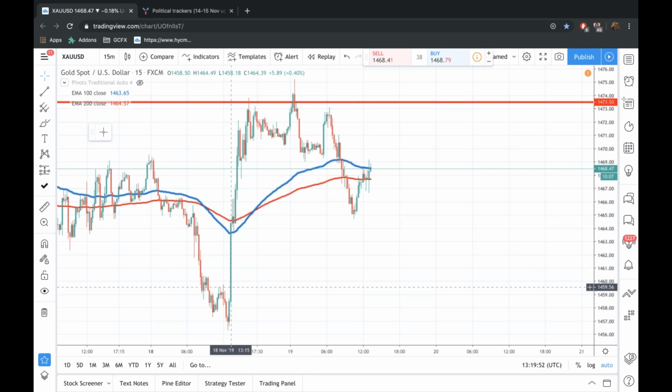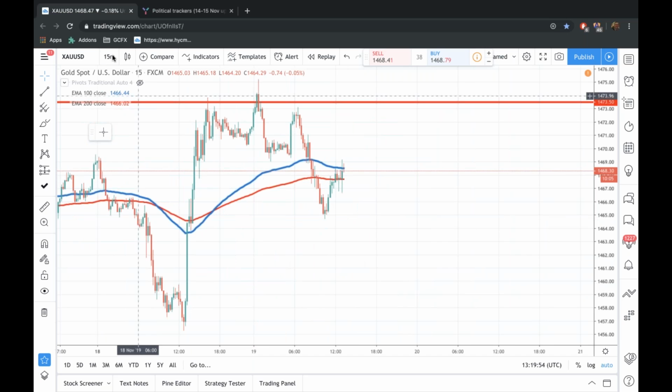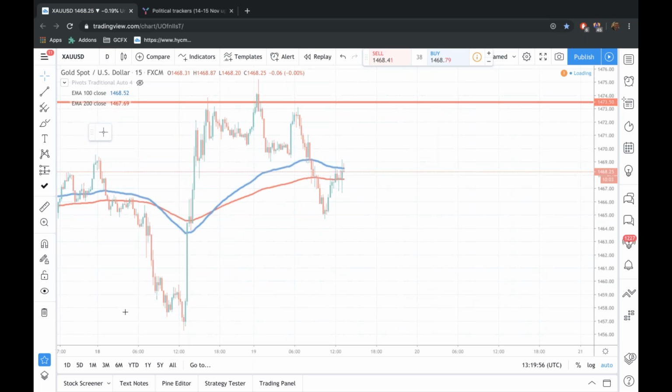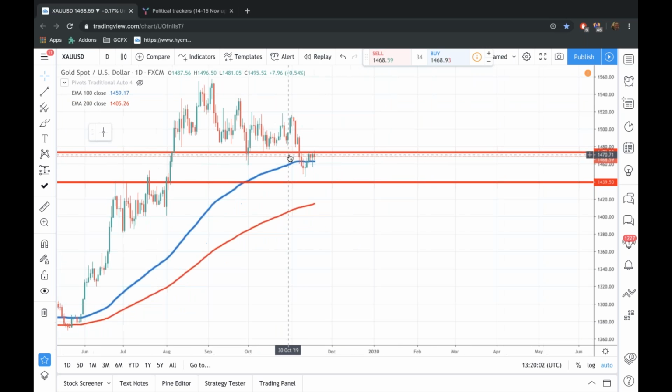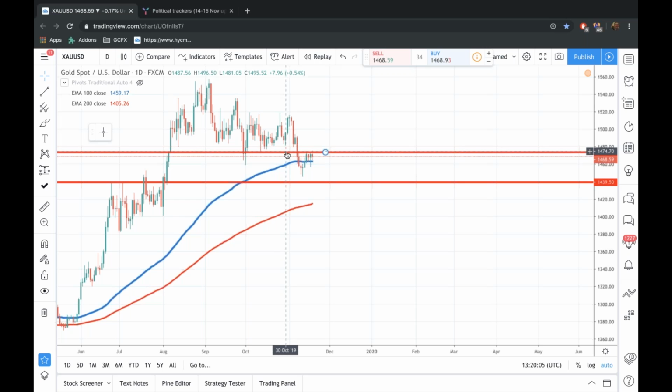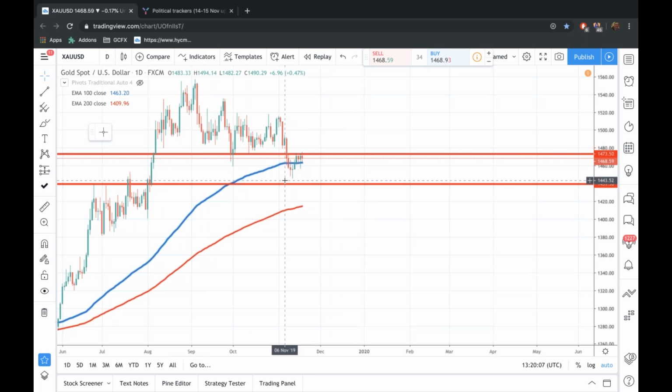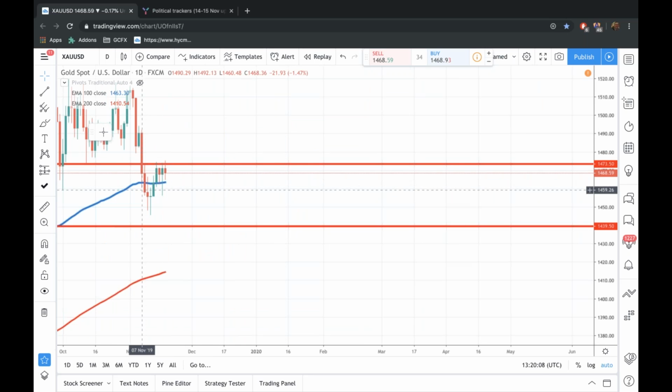What's interesting here is that key resistance level overhead on the daily chart, this 1470 level. So we've got price really wishing itself higher here, moving up into that resistance level. Price has been tested once, twice, 3 times, 4 times.